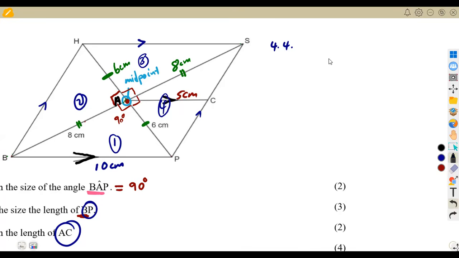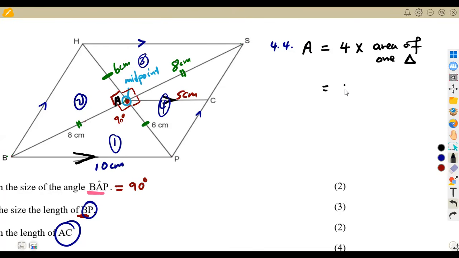So at the end, the area, and I'm going to represent this with A for area, is going to be 4 times the area of one triangle, because everything is the same.